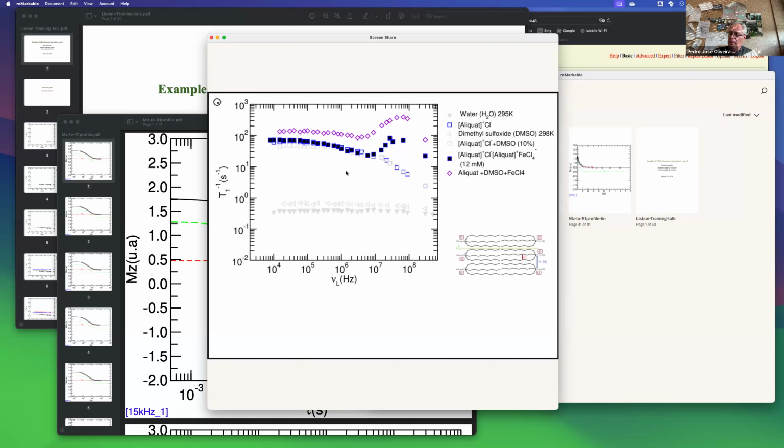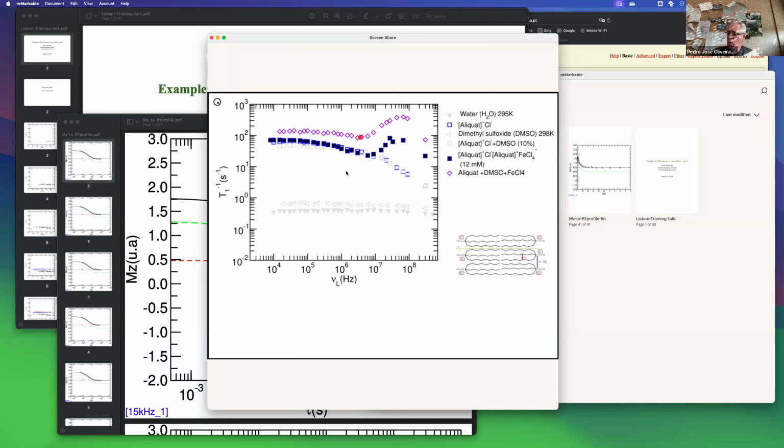By the way, this is one feature: an increase. Let's say the relaxation rate is either flat or decreases when we go from low frequency to high frequency, and then around 10 megahertz or slightly below, let's say above 1 megahertz, this increase in relaxation rate can be considered a signature of the presence of paramagnetic species in your system.